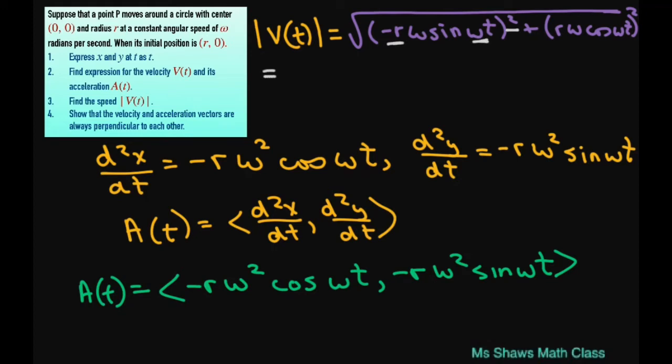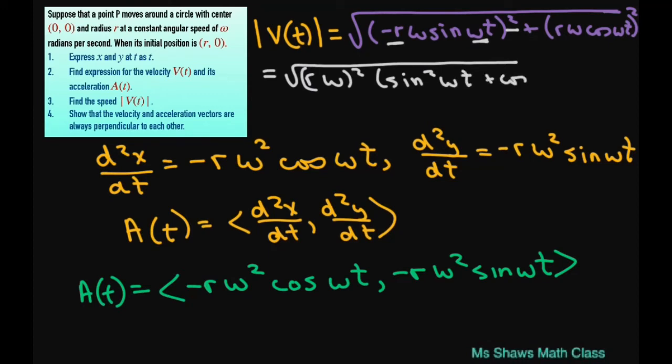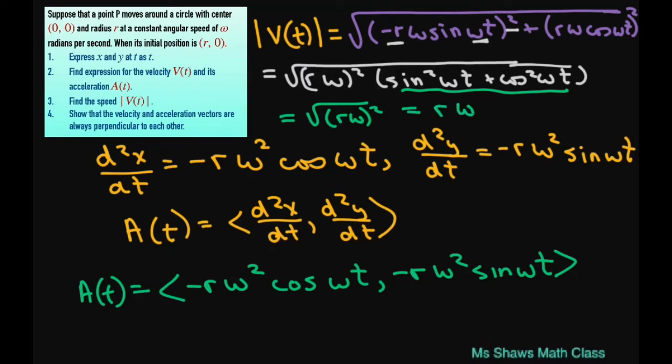So that's going to give you the square root of r omega squared times sine squared omega t plus cosine squared omega t. Now this just equals 1. So your speed is just going to be the square root of r times omega, squared, and that just equals r times omega. So this is your speed right there.